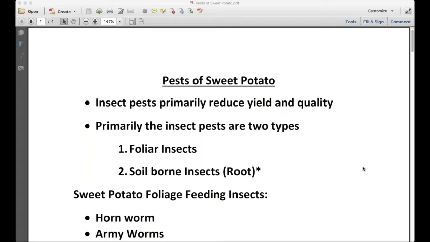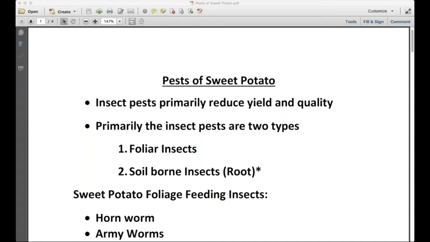The insect pests are of two types: one above the canopy, and the other below the ground, because the sweet potato is a tuber. So we have to focus on the above canopy foliage insects, and also the soil-borne insects, which majorly infest the tubers.